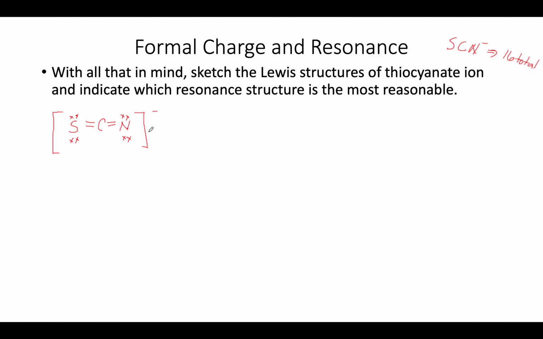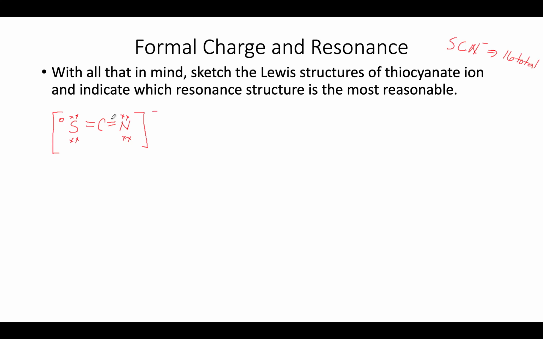So let's check for formal charges. 1, 2, 3, 4, 5, 6. Sorry about that. Bobby's protecting me. So sulfur has 6 valence electrons. It owns 6 in the molecule, so formal charge of 0.